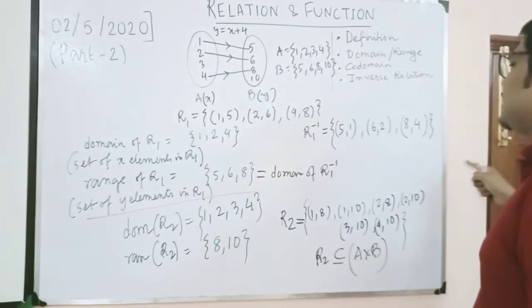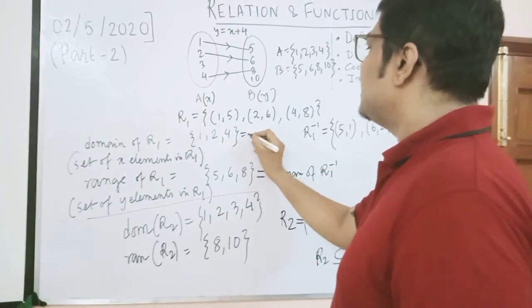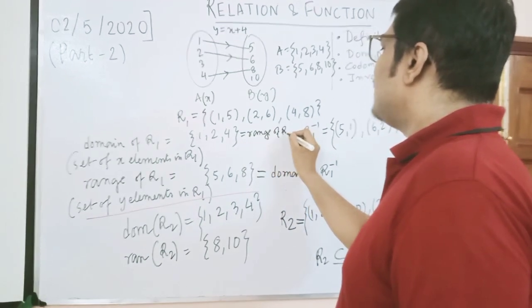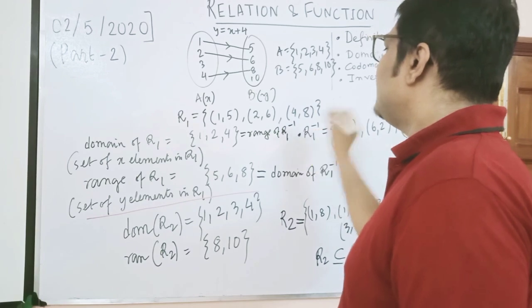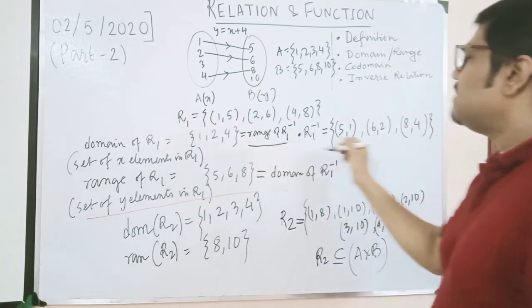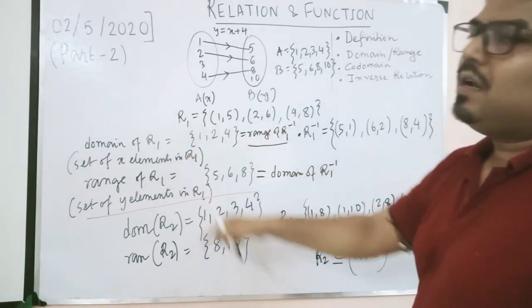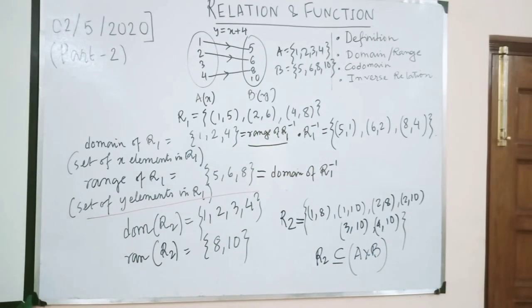That means you get the range as the second elements 1, 2 and 4. So the domain of R1 is equal to the range of R1 inverse. Then the range of R1 is equal to the domain of R1 inverse.